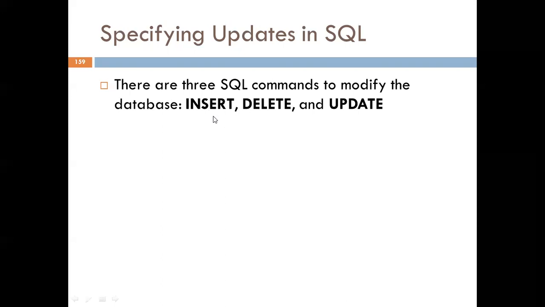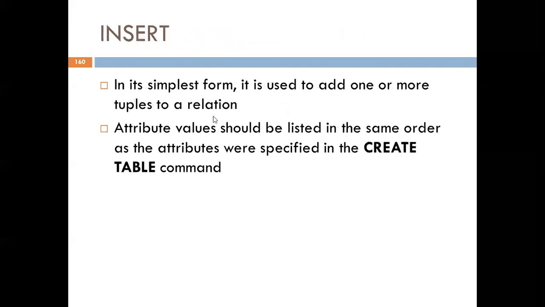The insert command is used to add one or more rows into the table. While inserting the data, we must specify the values for the attributes in the same order in which we defined the table creation command.